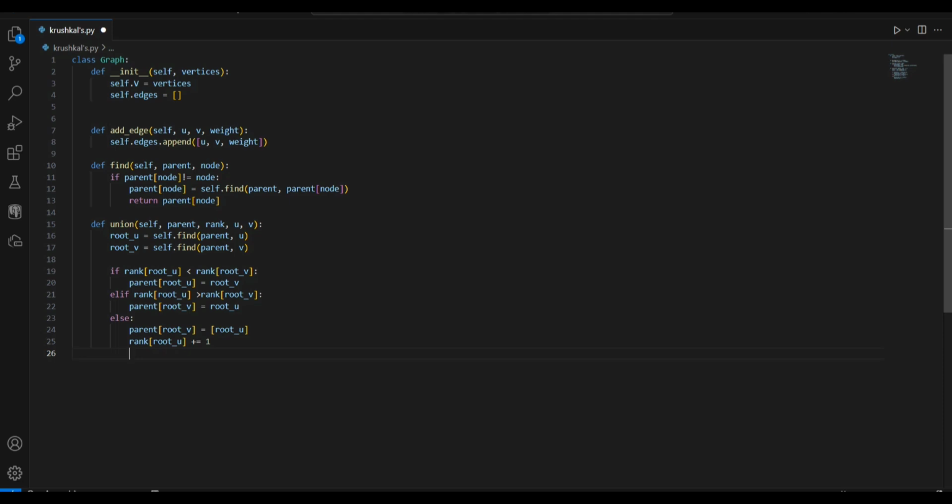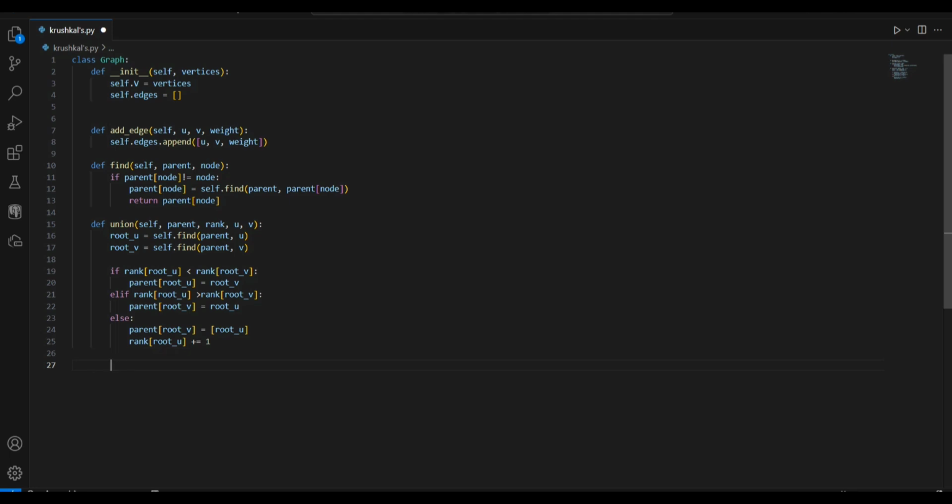This purpose is to sort the edges in non-decreasing order of weights. Kruskal's algorithm processes the edges in increasing order of weight to ensure the minimum spanning tree is built with the smallest edge weight first. So that is the reason we need to sort.